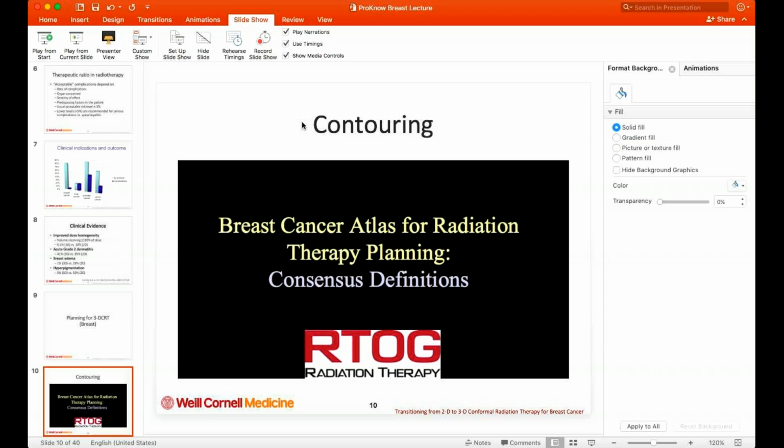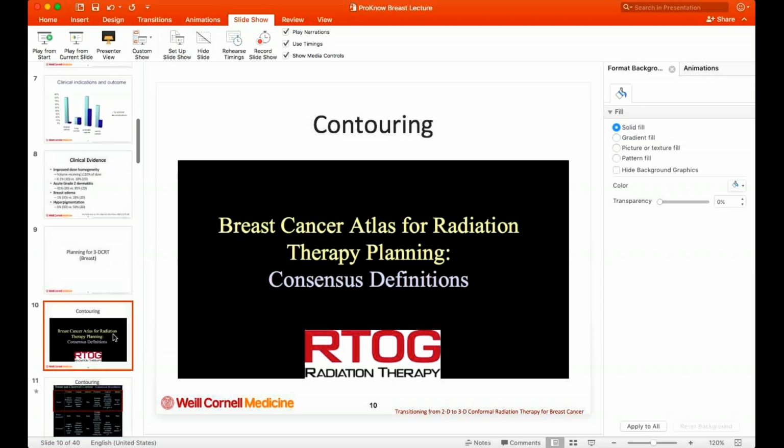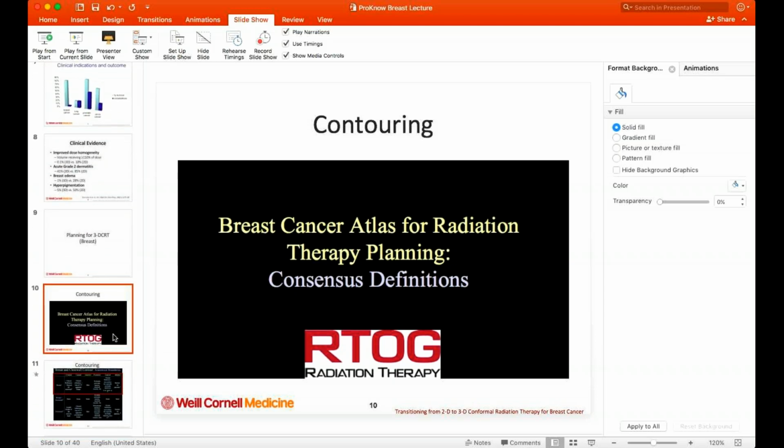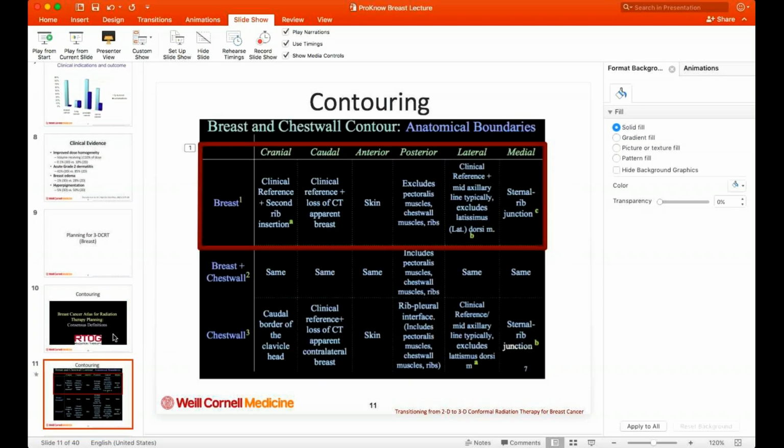There have been some guidelines released regarding breast cancer and how to contour, how to draw out the areas that you desire to treat. The Radiation Therapy Oncology Group put out guidelines that discuss the anatomical borders or boundaries for the breast and also for the chest wall.